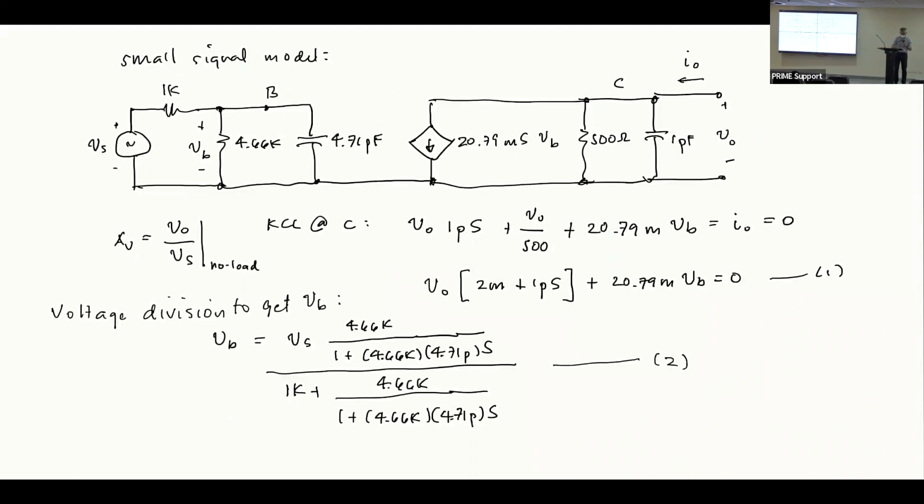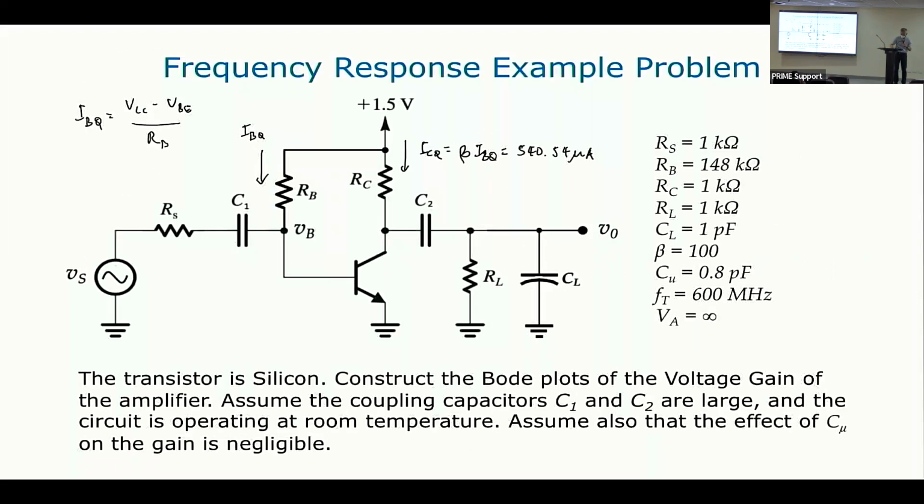Because of the capacitance here, because there's a CPi here in effect, remember that this is considered a short circuit. We have a pole that is introduced at the input.